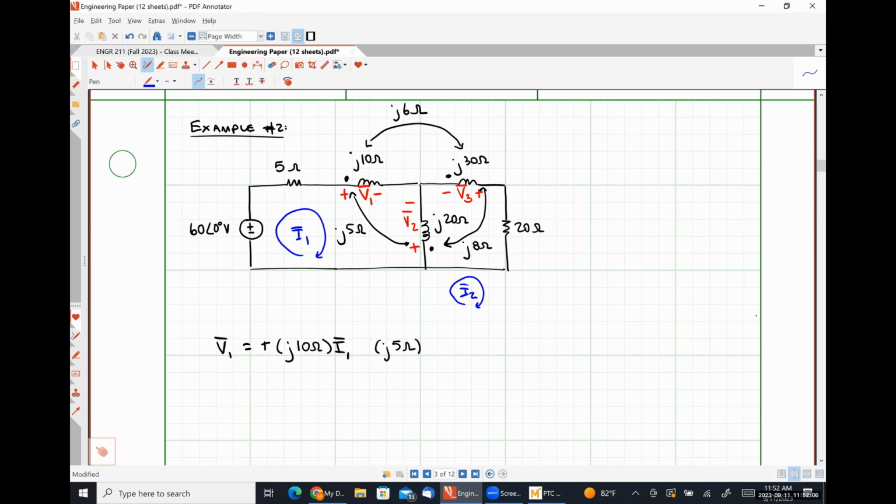as I2 minus I1. That's the total current flowing into the dotted terminal, which will give me a plus sign here, because too many negative signs confuses my brain.